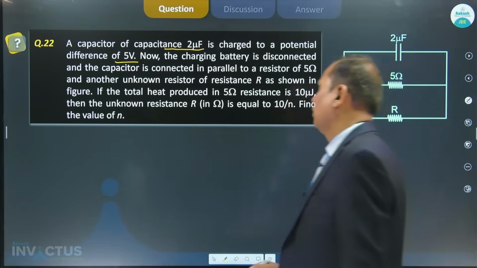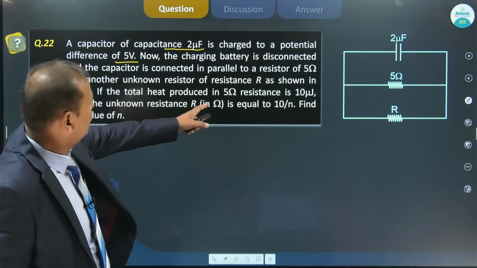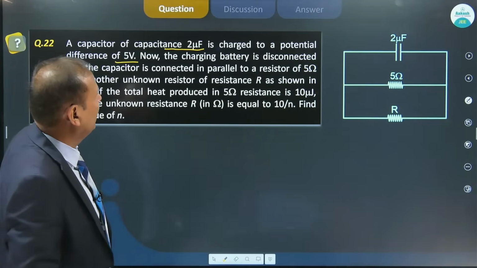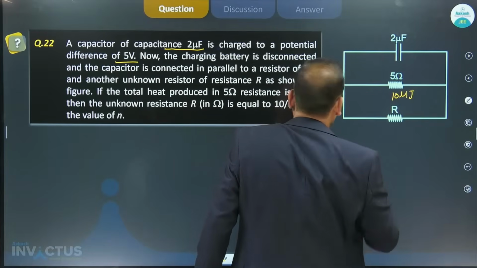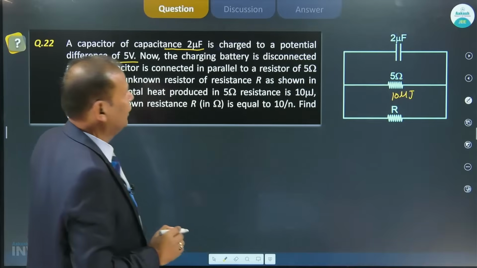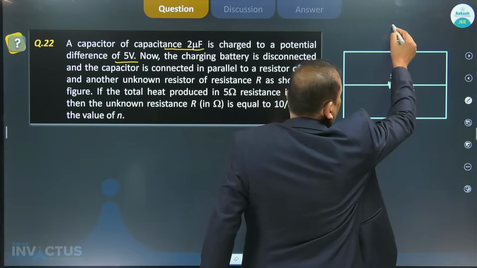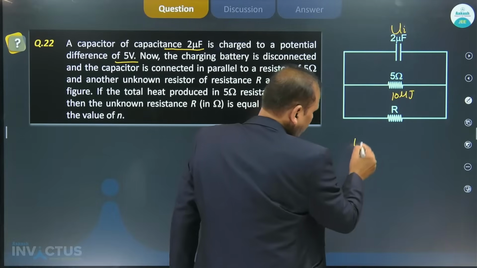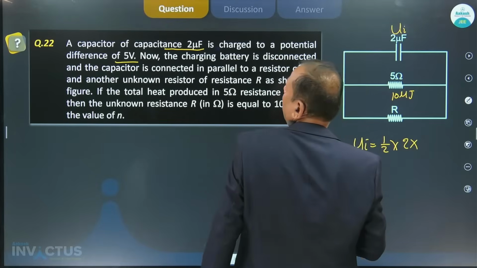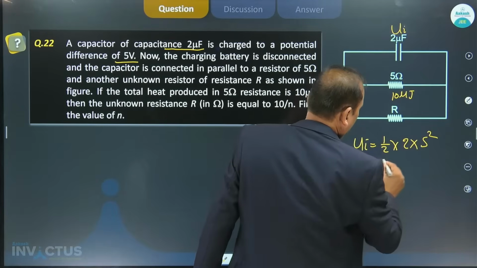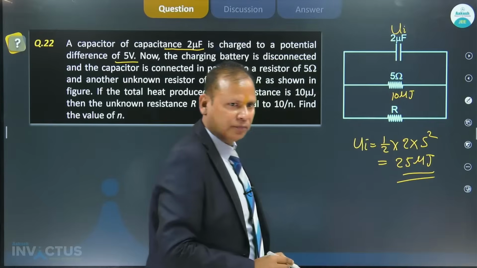Yes, this. If the total heat produced in the 5 ohm resistance is 10 microjoule, then we have to find the value of the unknown resistance R. Certainly here U initial is equal to half into 2 into 5 squared, that is 25 microjoule of energy.